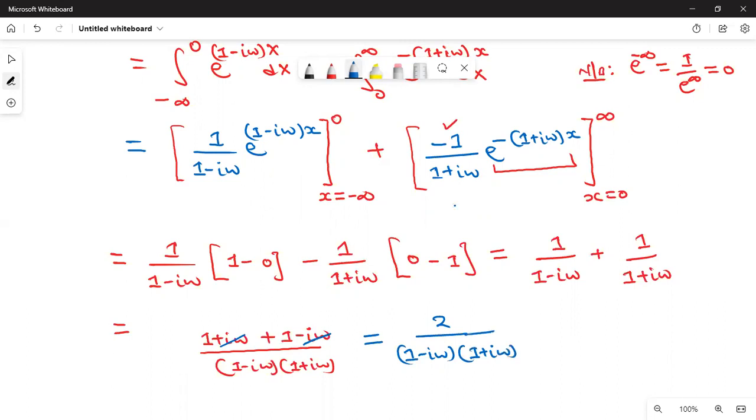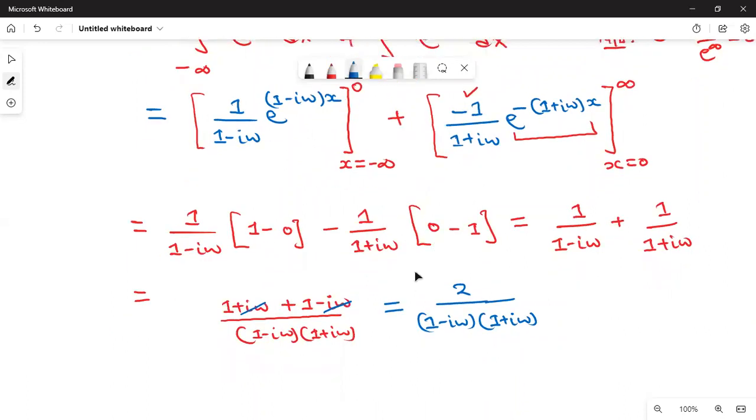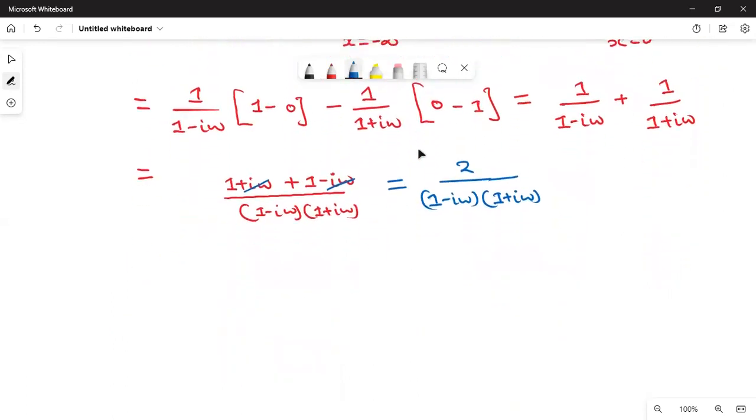And you see in the denominator is a difference of two squares. So just like a plus b times a minus b, that is a squared minus b squared. So this is the same as 2 over a squared, which is 1, minus b squared, which is i squared times ω squared.